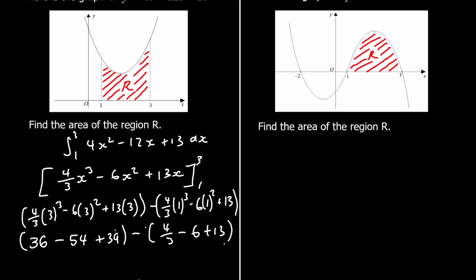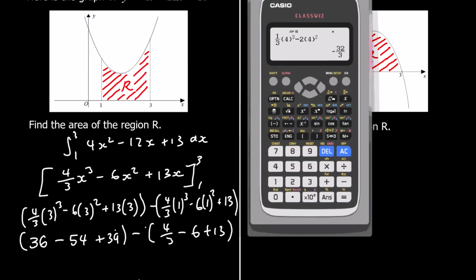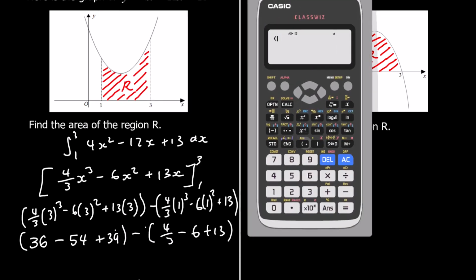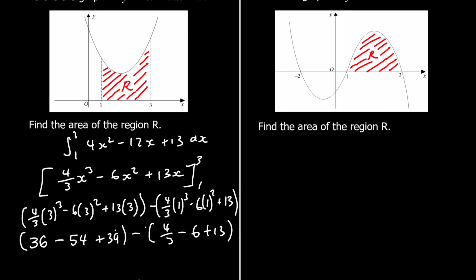It will be easier to type into the calculator. So I've got 36 minus 54 plus 39 minus 4/3 minus 6 plus 13, which is 38 over 3. So 38 over 3 units squared.